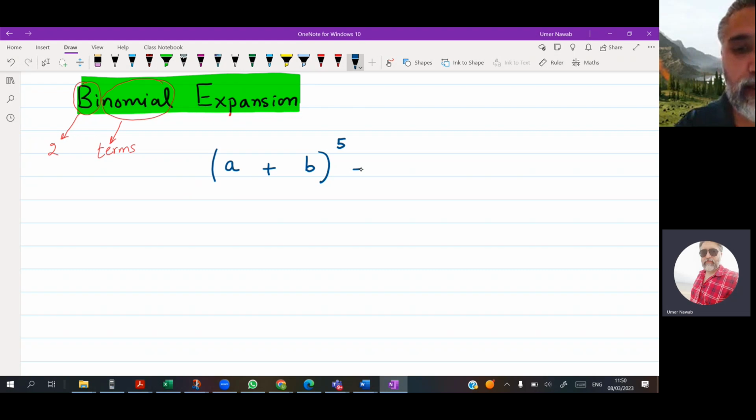So when we expand it, how many terms will we get and what type of expansion will come in front of us? If we use our previous concept, which we took in IGCSE, it means the same bracket is multiplying 5 times.